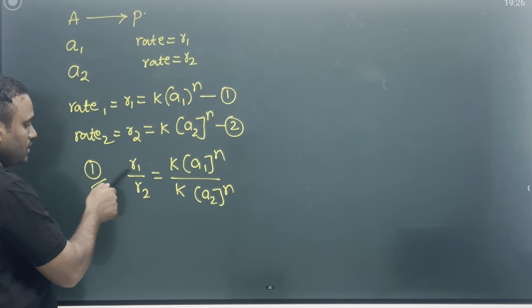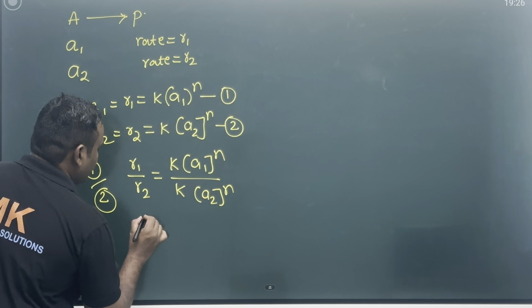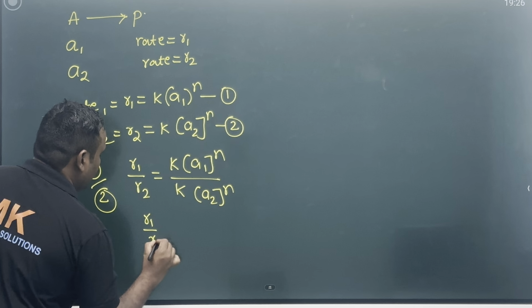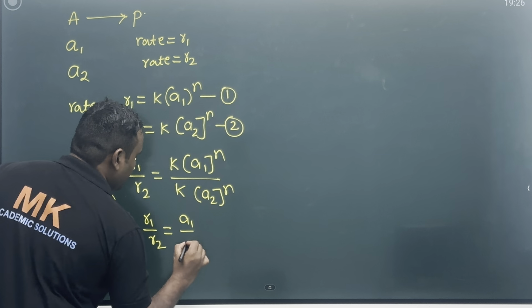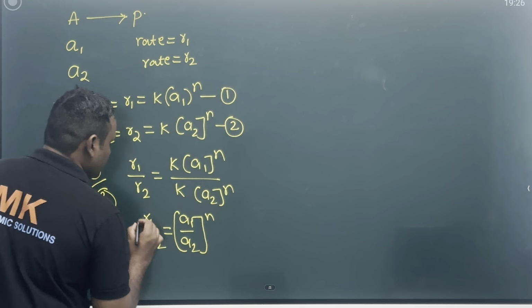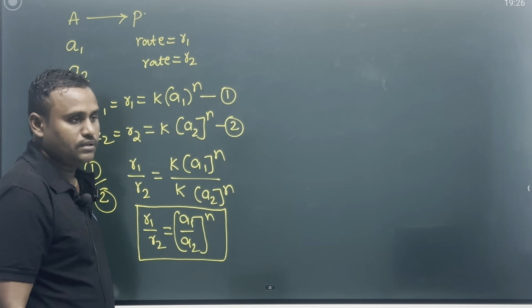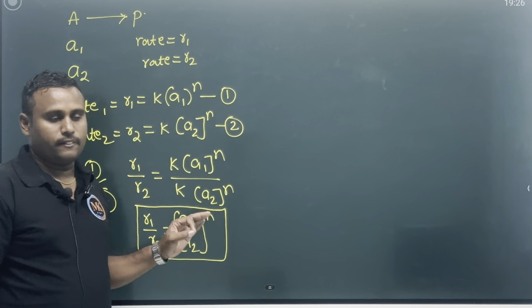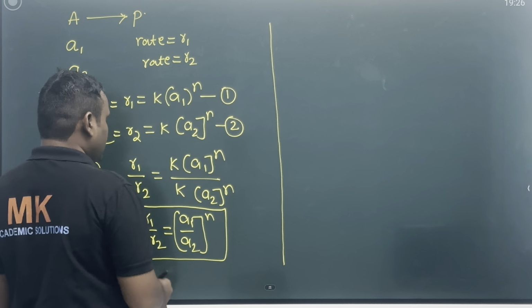Only concentration changes, rate changes, right? So therefore, we can write this as R1 by R2 is equal to A1 by A2 whole power n. Okay, so this is the important equation, and this equation only we are going to use to find the order of reaction, or else some more modifications we do in this equation.